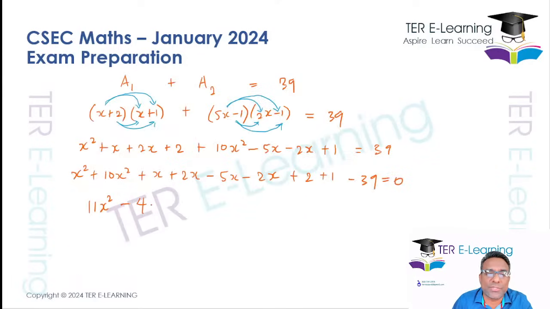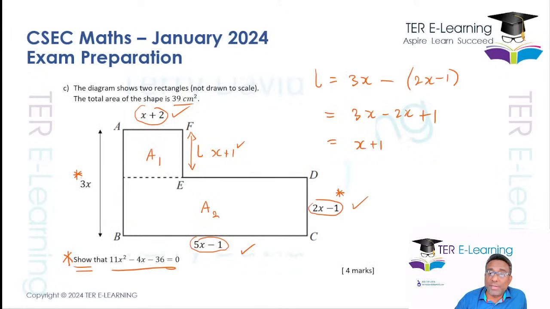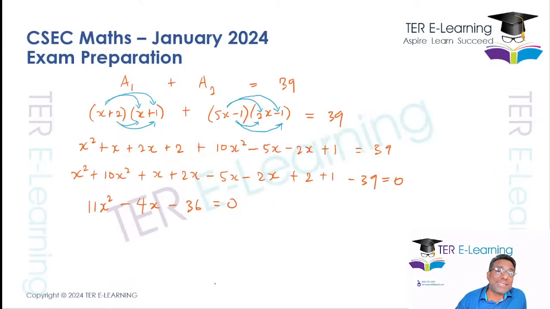So this is going to be minus 4x. And then we have 2 and 1, 3. 3 minus 39 is going to give you minus 36, which is equal to 0. Which is what they asked us to prove. If you notice here, this is what they ask us to prove. So you have to take your time and simplify this until you're able to get this.